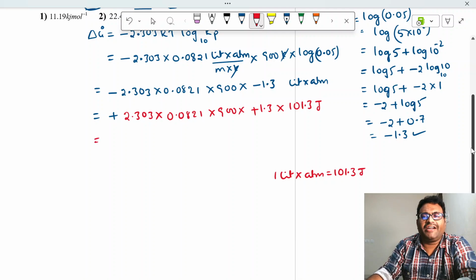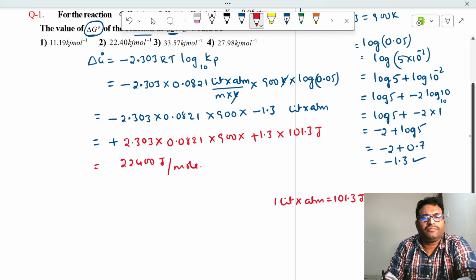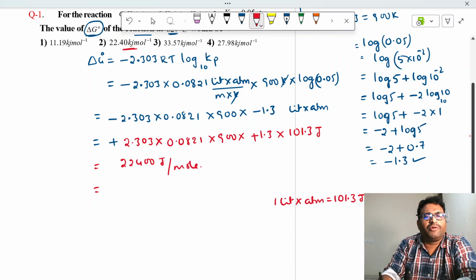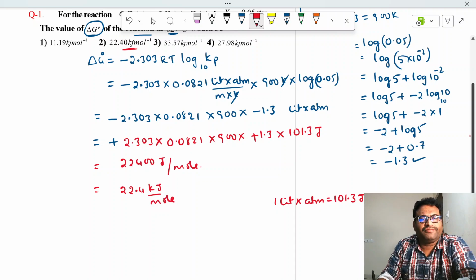On calculating this, the answer is 22,400 joules per mole. Since you are asked in kilojoule per mole, it is 22.4 kilojoule per mole. Understood?